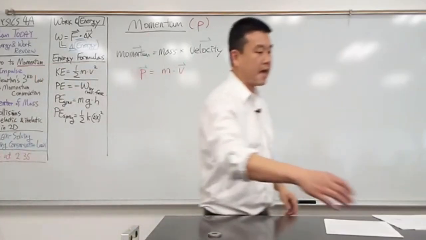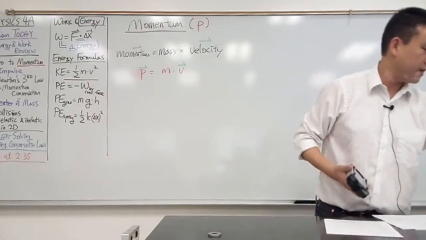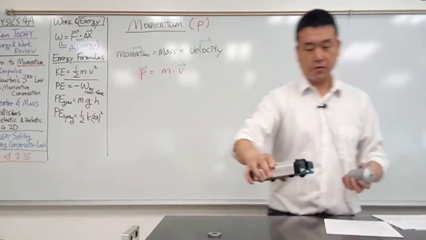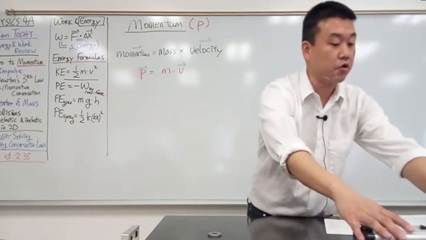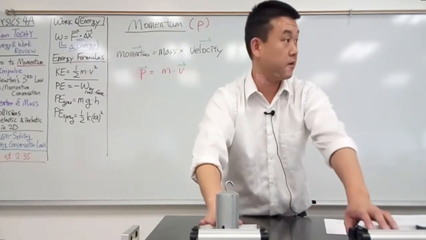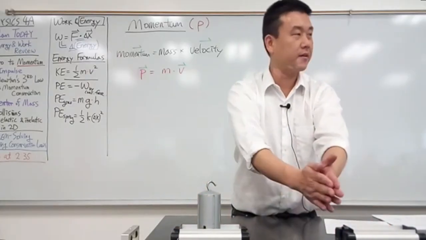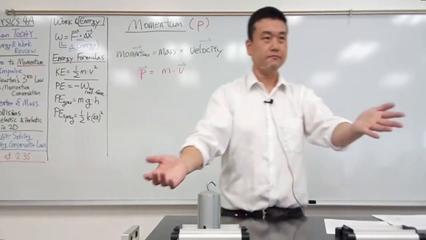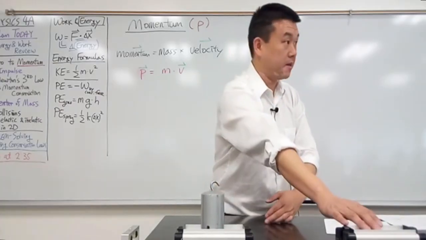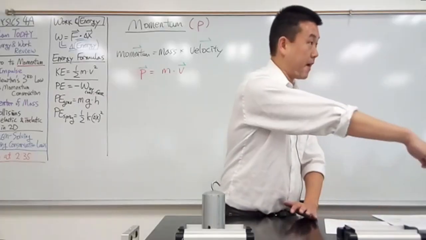Let me give you one last example before we actually go into equations that tell you exactly how this happens. This time these two cards are going to collide, but one of them will be 3 times as heavy as the other one. Any guesses how they would move after they interact? Let me call this A, call this B. I imagine B would bounce back, right?